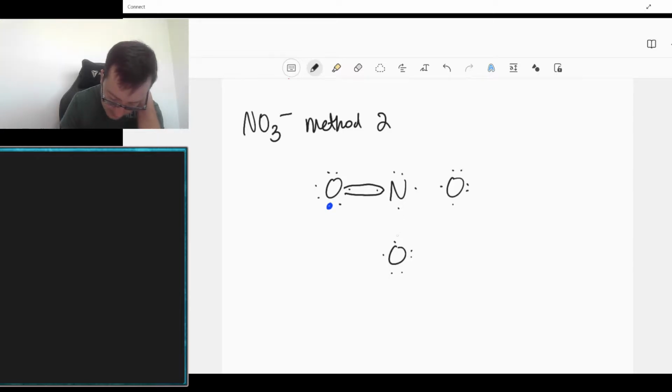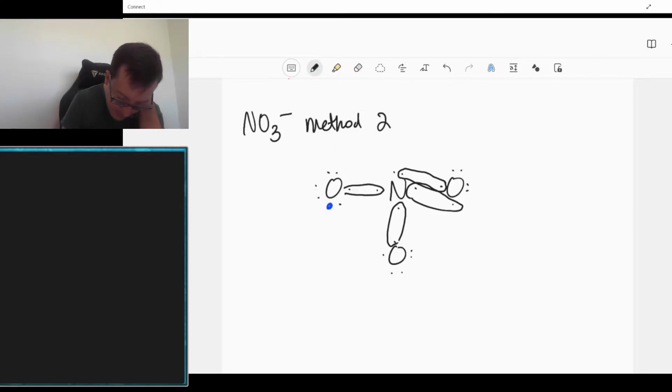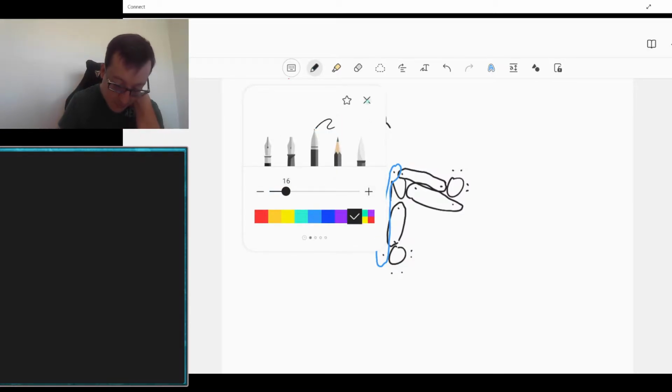So if we want to pair things off, we've got a problem here. I'm going to pair those off, but I've drawn this one poorly. I usually try to draw them because I know it's going to happen, but it's probably what will happen with you guys. If you try and do this, you'll get nitrogen with too many bonds.